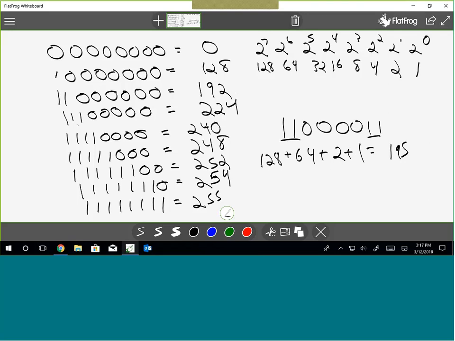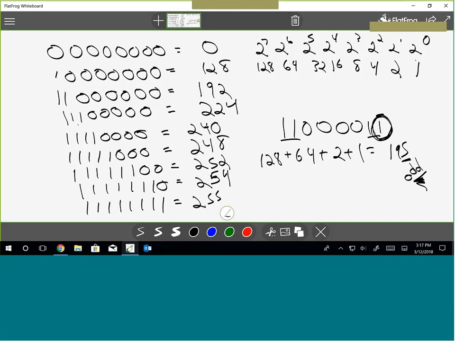The other thing you're going to learn is if the 2 to the 0 bit position is turned on, what is the number always going to be? It's always going to be odd. Because if the 1 is on, it has to be odd.